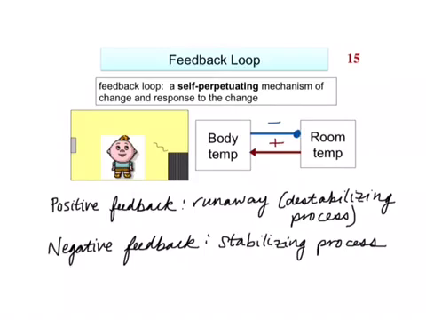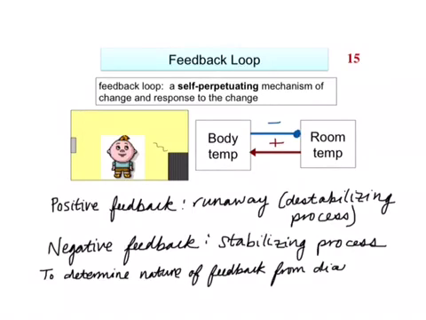Okay, so we could summarize this by saying, to determine the nature of the feedback from the coupling diagram, multiply the signs as you go around the feedback loop.